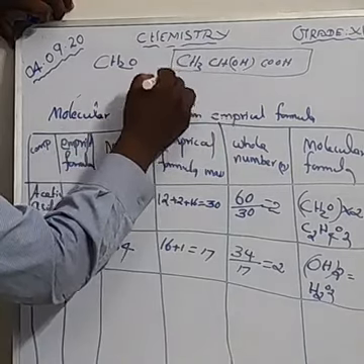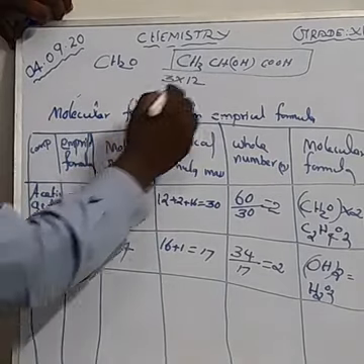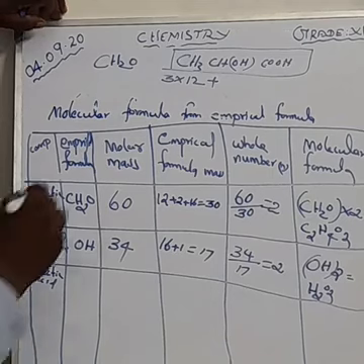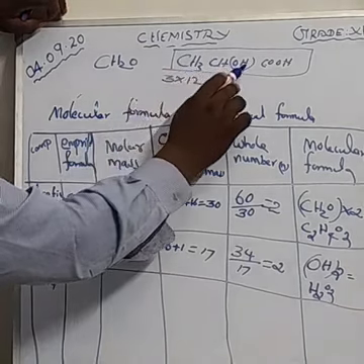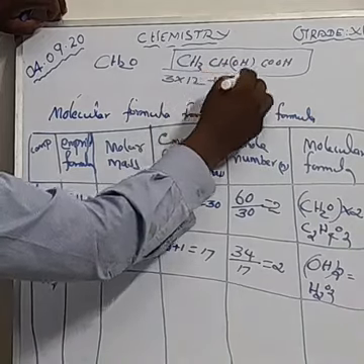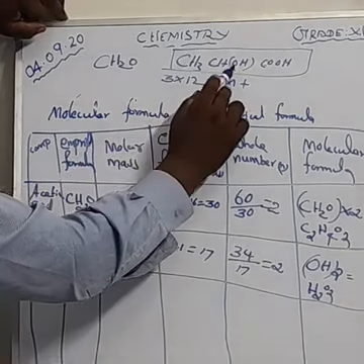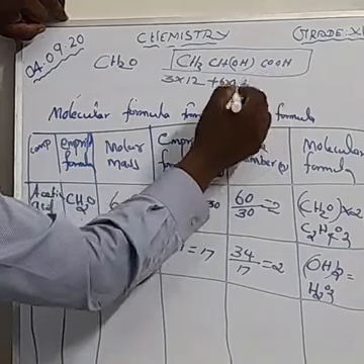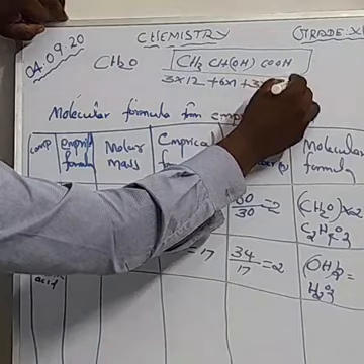So 3 into the carbon atomic mass 12, plus hydrogen: how many? 3, 4, 5, 6. So 6 into 1, plus oxygen: how many? 1, 2, 3. So 3 into oxygen atomic mass 16 is equal to what?